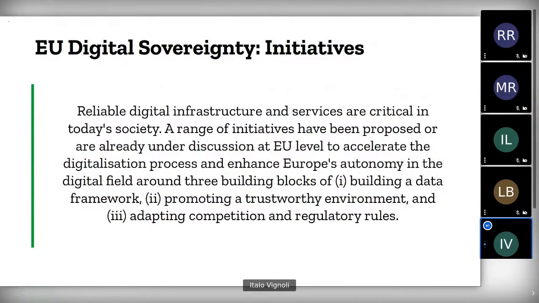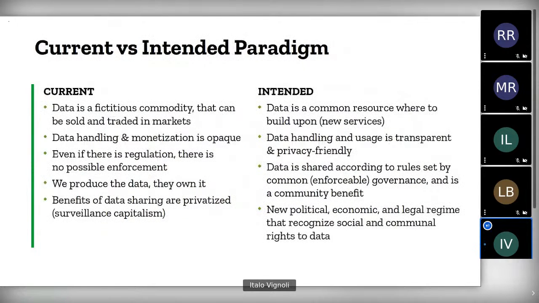At the moment, the current situation is basically that European citizens produce the data, North American companies own the data. Of course, the situation is more complex, but if you want to summarize it with a sentence, it is: we produce the data, they own the data.